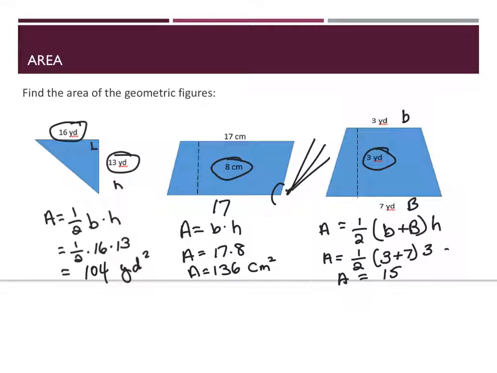The average of my bases, 7 plus 3 is 10. Half of that is 5. The average of my bases is 5 yards times 3 yards. This is still yards times yards. Anytime I do area, my units are going to be squared. Yards times yards is yards squared.